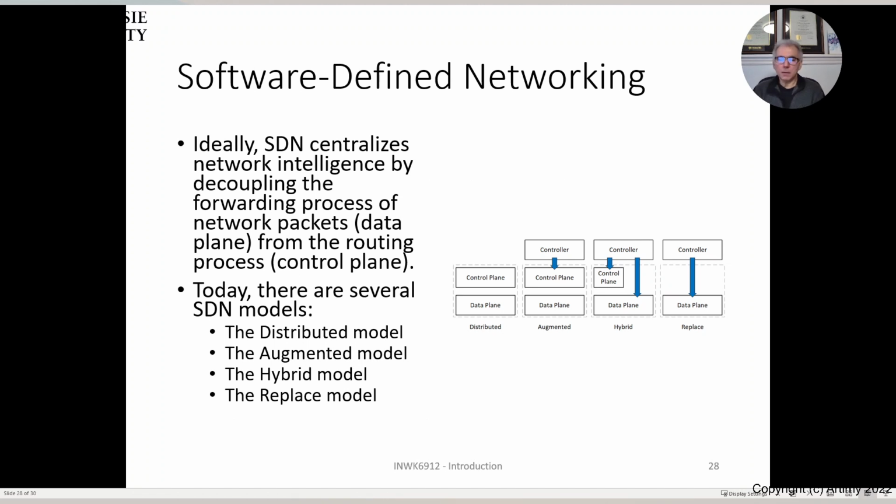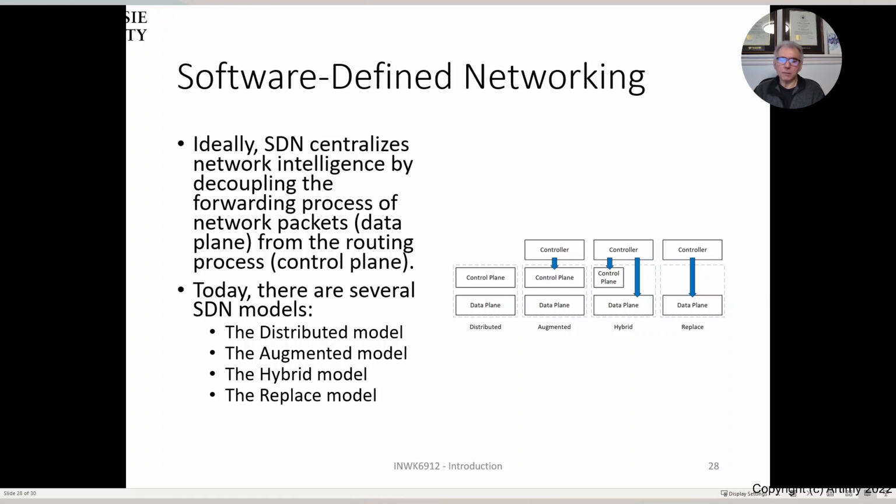So as I said, software-defined networking is one of them, and I put it here under the network management model of this course because I think it is a network management paradigm. It is a network management model, and there is the original concept, right, which I just described.